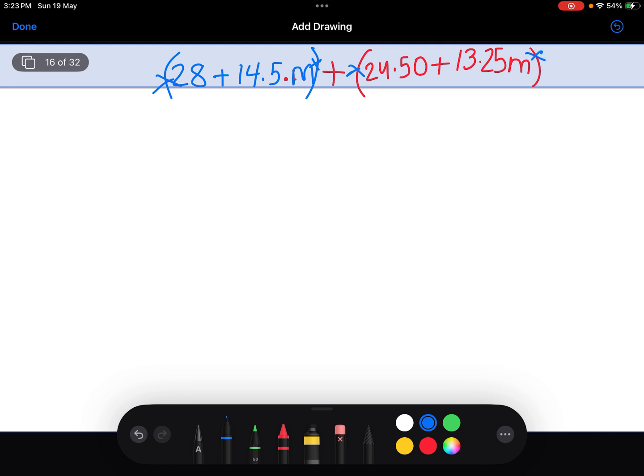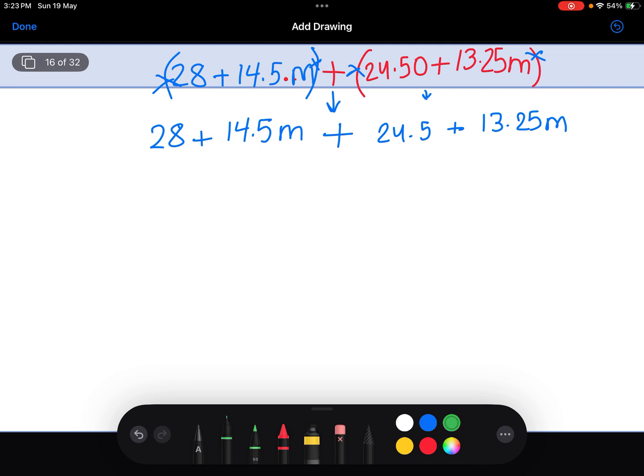Okay, so it's gonna be 28 plus 14.5 plus the other expression without parentheses, 24.50 plus 13.25. Now second step is to identify the like terms. So I'll start with the number 28. This is a number. It does not have any variable.